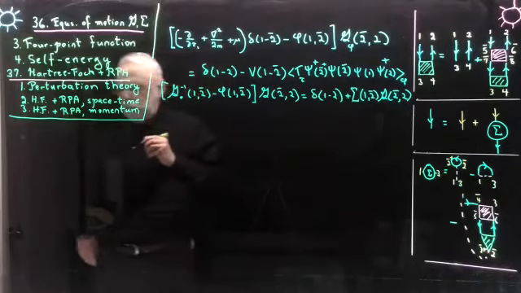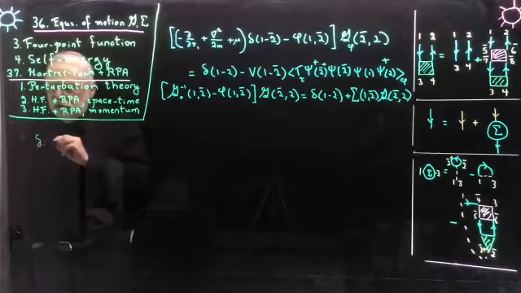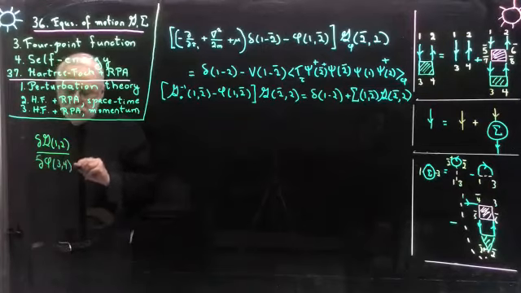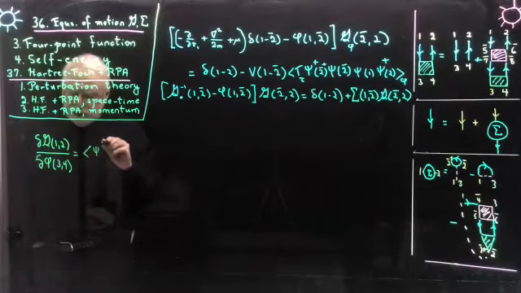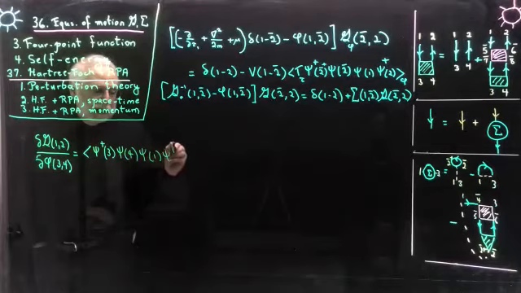So what we have shown already is that if I take the functional derivative of G12 with respect to phi 3,4, that was equal to psi dagger 3 psi 4 times psi 1 psi dagger 2.